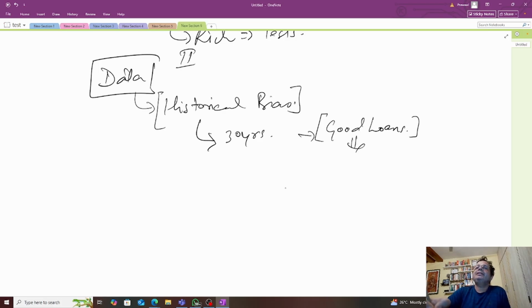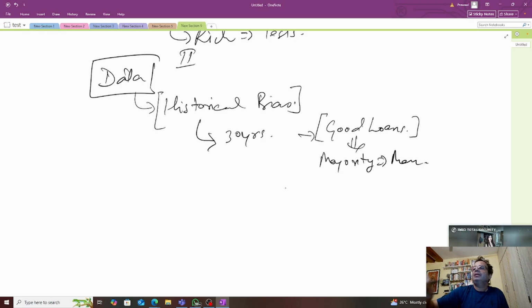Now it will say that maybe the majority of these people are going to be men, because historically it has been very recent that women have been given those kinds of opportunities where they can go out and ask for loans individually, as an individual applicant. So this means that men are more likely to get the loans. So that's the historical bias.